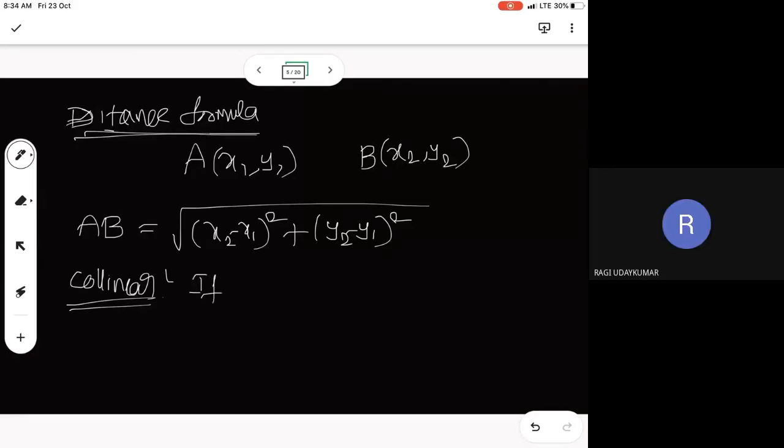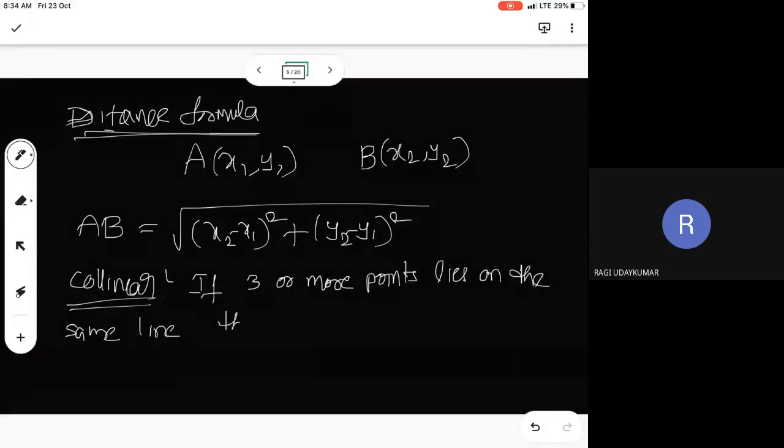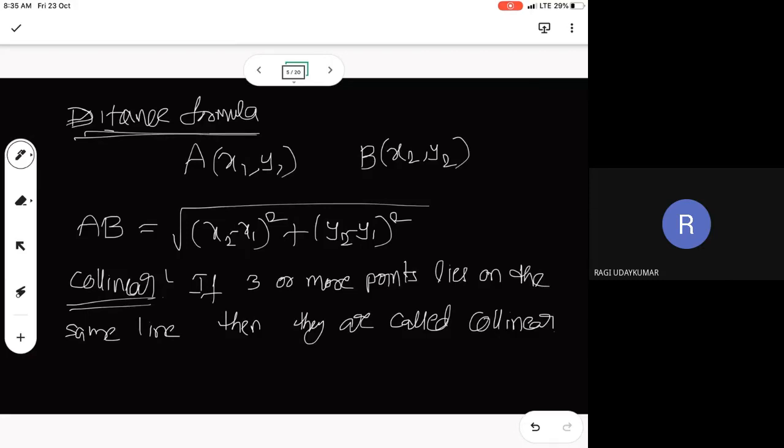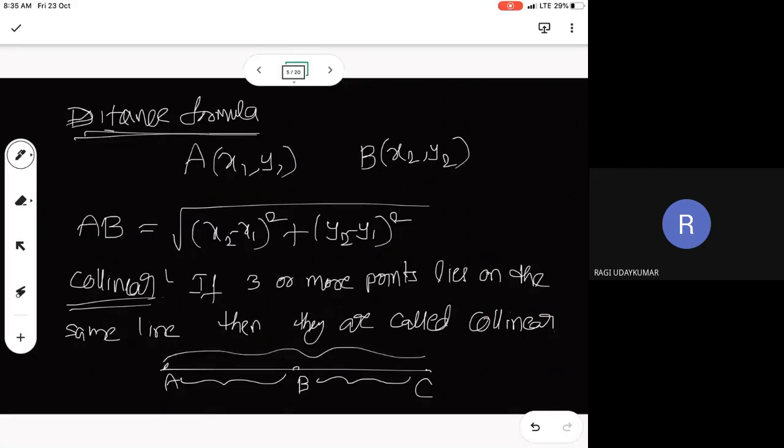then they are called collinear. Suppose 3 points are given to you and you are asked to prove they are collinear. Then find the distance AB, BC, and AC. If you add any two of them, the third will come.